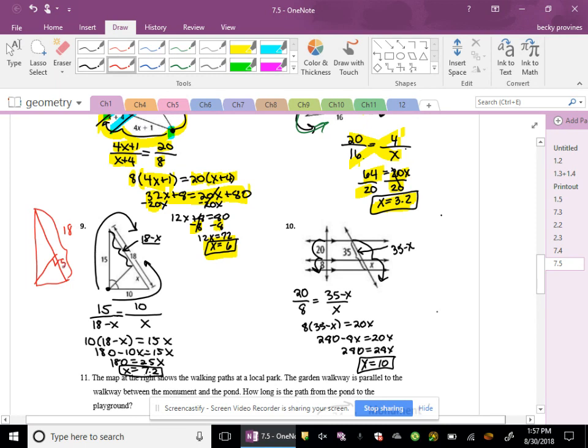And I know this little tiny piece is 5. How could I find that missing part that I have highlighted in yellow? Well, that's pretty simple. That's kind of like the segment addition postulate. A little segment plus a little segment equals a big segment.